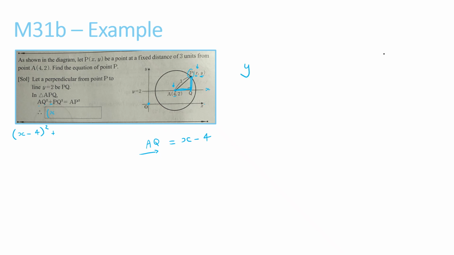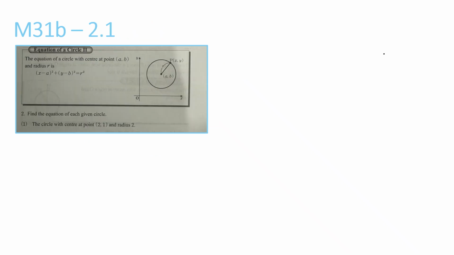So length PQ is y minus, and then we just find the y coordinate of Q, which is the same as this one, so it's 2. So it's y minus 2. So now, plus y minus 2, it's asking for its squared, equals AP squared, which is just 3, squared is 9. It's easier because they've given us the formula now.